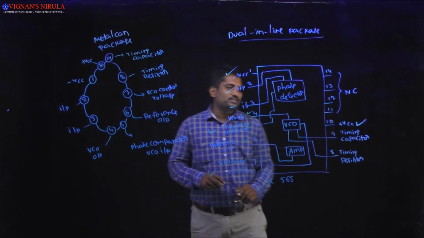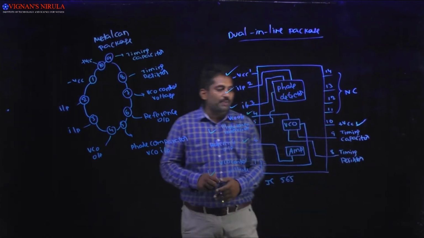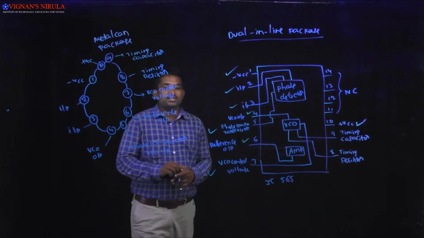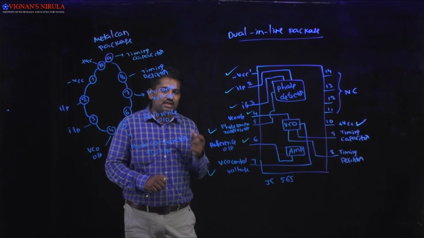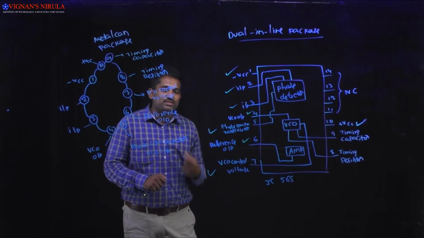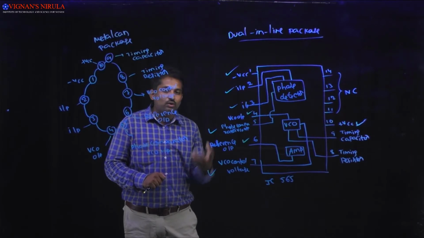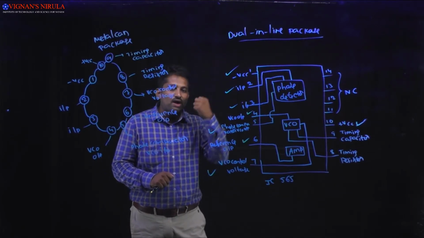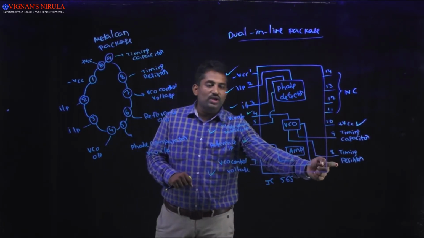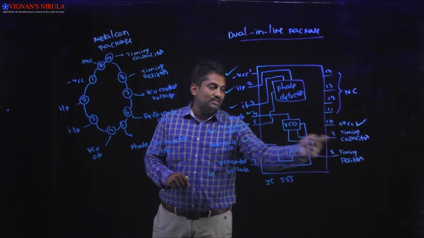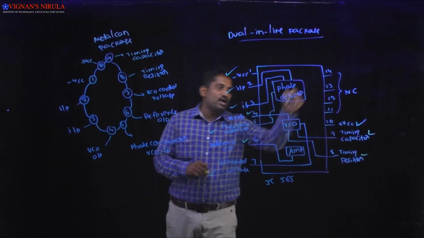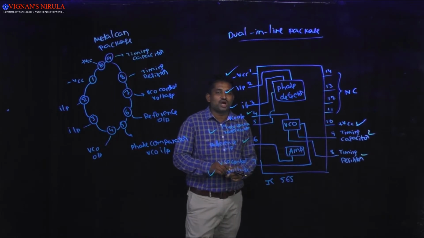And next, coming to the timing capacitor and timing resistors. These timing capacitors and timing resistors are used to calculate the center frequency of the PLL. While you are going to calculate the center frequency of the PLL, you have to calculate with the help of VCO. That's why we are applying the timing resistors and the timing capacitors as an input, and these 4 pins are not used.